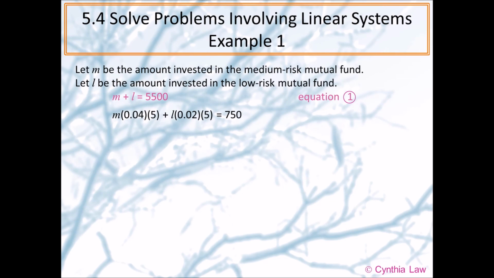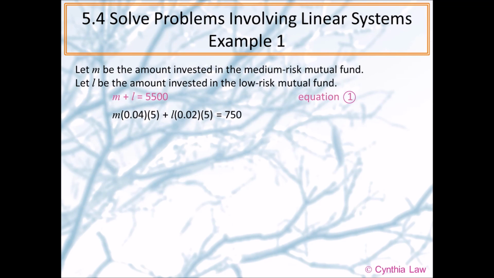So for the medium risk mutual fund, P is M, R, the interest rate, is 0.04, and T is 5 years. So that's why we substitute 0.04 and 5 into the simple interest formula. And we get M(0.04)(5). Okay, so that's multiplication of the numbers with the variable.